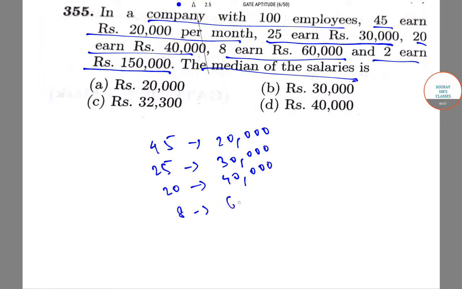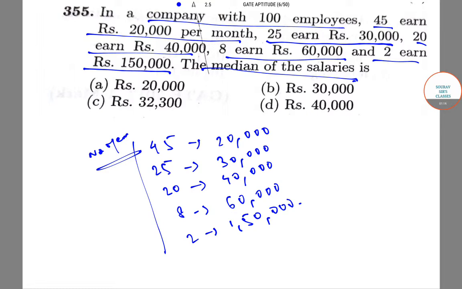Then a further 8 whose monthly salary is 60,000 and 2 whose monthly salary is 1,50,000.